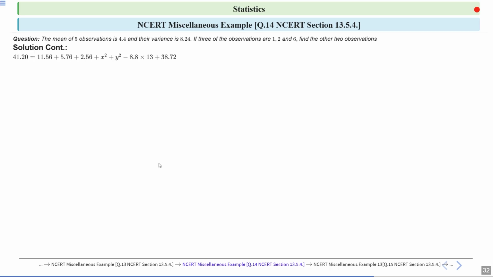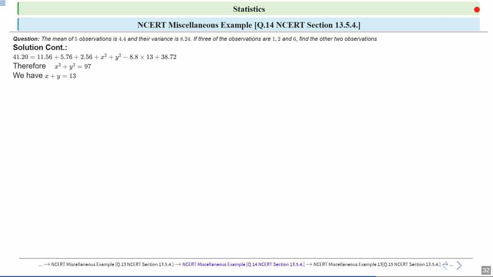So simplify this and we get 41.20 equal to 11.56 plus 5.76 plus 2.56 plus x square plus y square minus 8.8 times 13 plus 38.72. Therefore, x square plus y square is equal to 97.